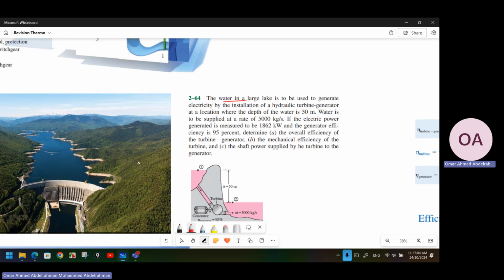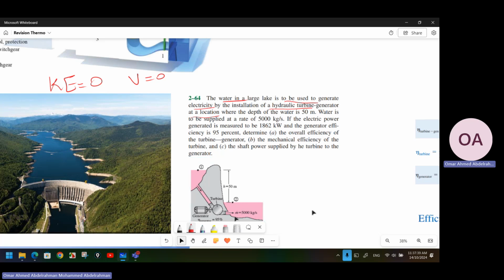Relatively, the water of this lake is stationary, so I can say that the kinetic energy is equal to 0, because the velocity is equal to 0. Now I will talk about the mechanical energy, because if you continue the sentence, he says it is to be used to generate electricity, by the installation of a hydraulic turbine generator at a location where the depth of the water is 50 meters.